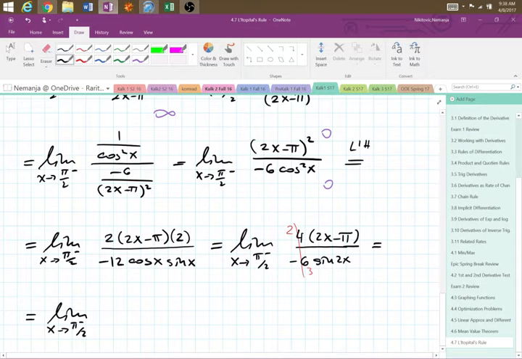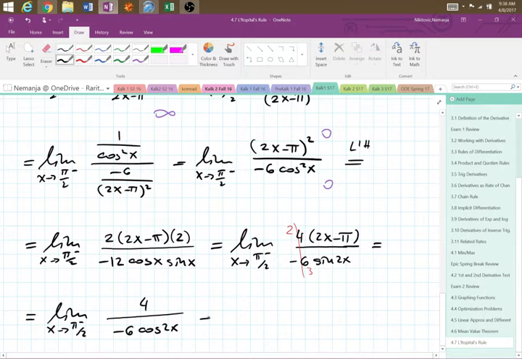And when I take the derivative in the numerator, I copy the constant 2, and the derivative of the inside is just 4. And on the bottom, I have negative 3 times 2, which is negative 6 cosine 2x.